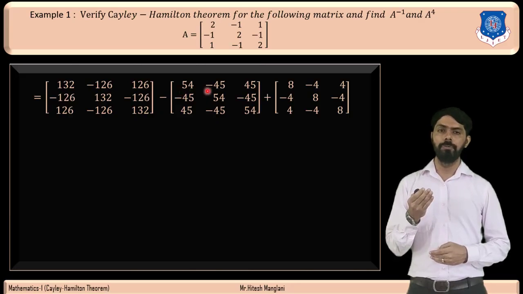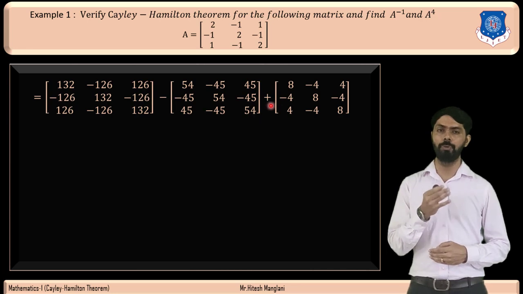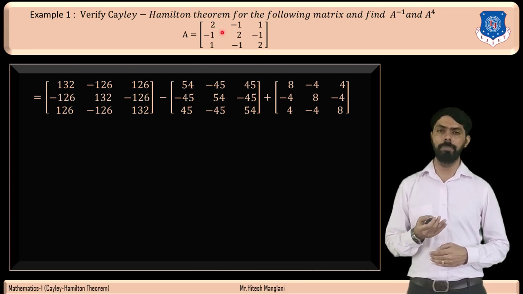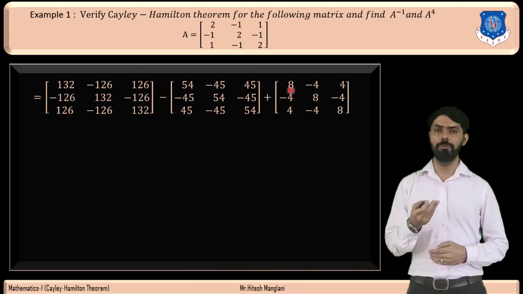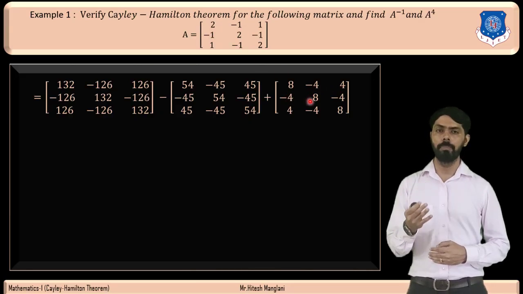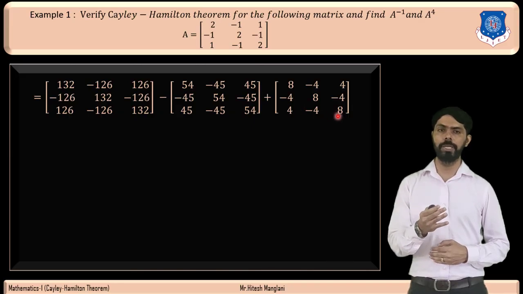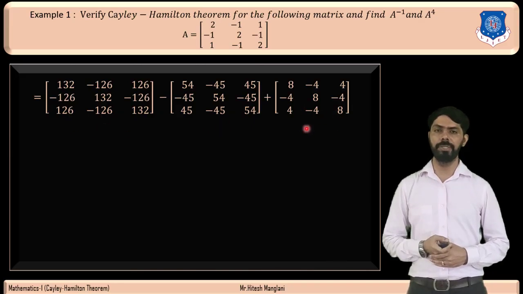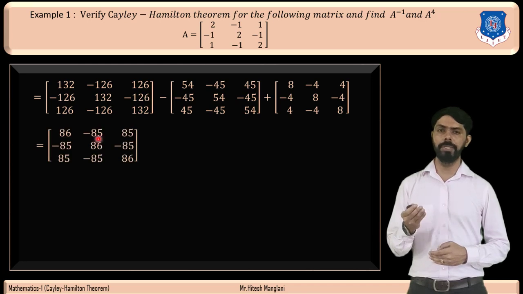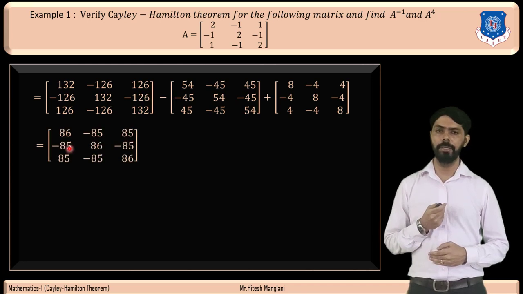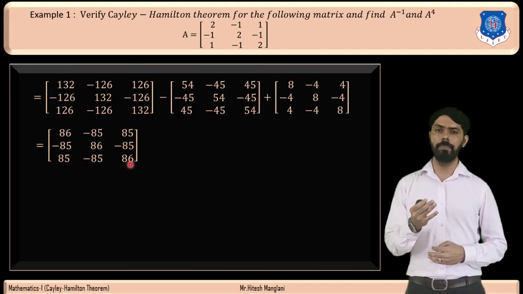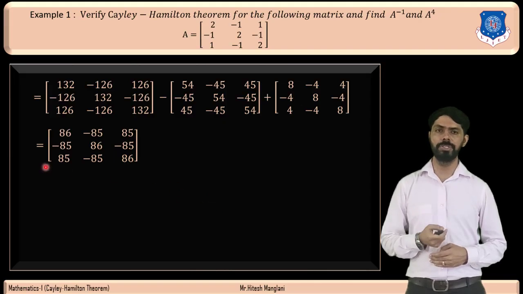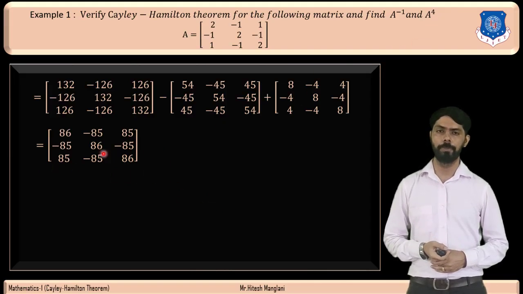So it will be [54, -45, 45; -45, 54, -45; 45, -45, 54], plus 4A. So we will have to multiply all the elements of A by 4. So it will be [8, -4, 4; -4, 8, -4; 4, -4, 8]. If we simplify this result, then it will be [86, -85, 85; -85, 86, -85; 85, -85, 86]. So this is the answer of A raised to 4.